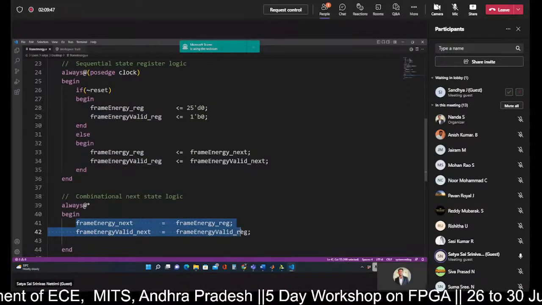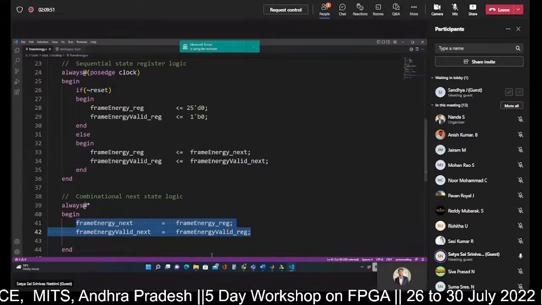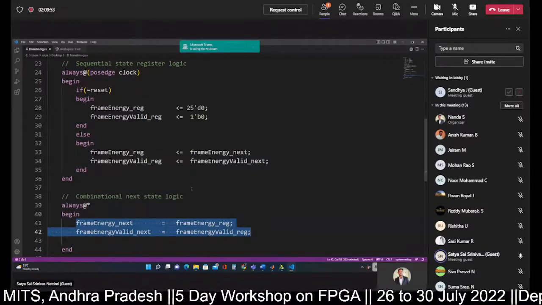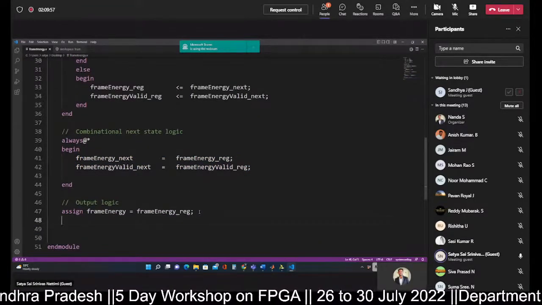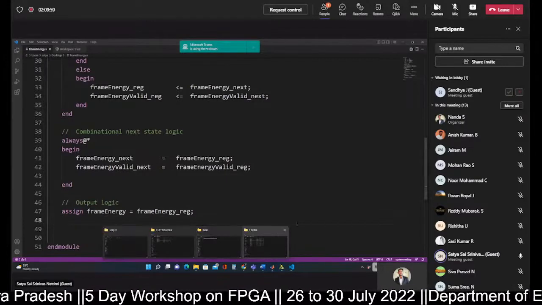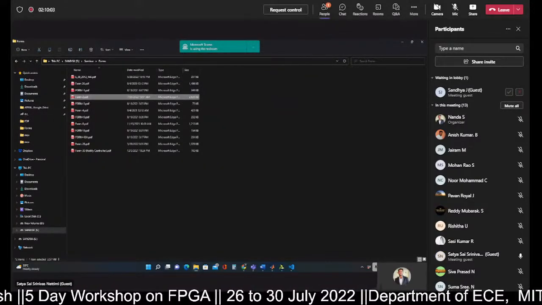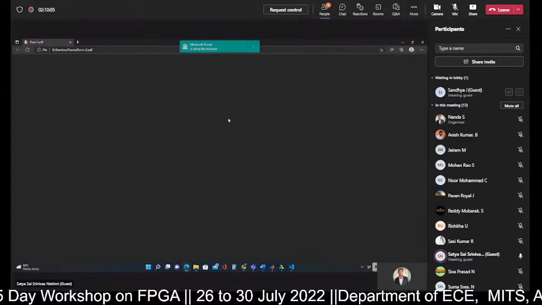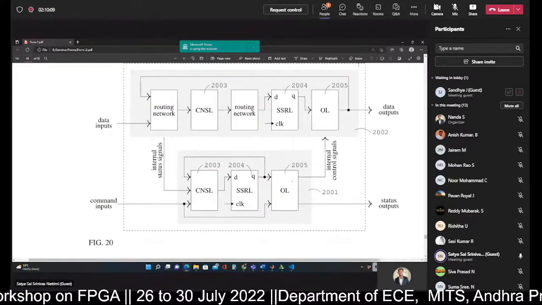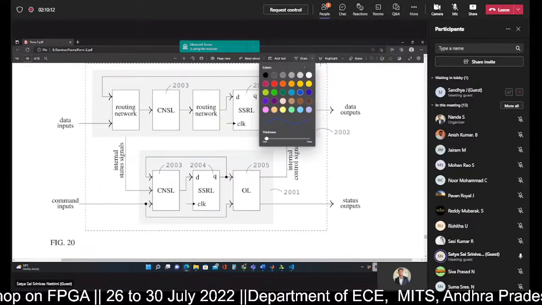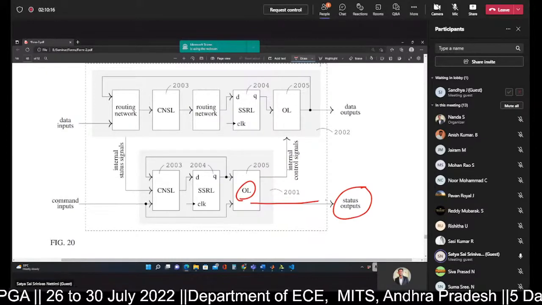This will be a little bit confusing, I can understand, but this will be clear when we write some certain conditions that I will let you know, but as of now, you just remember like this. Next, finally, what we have to do, we have to drive this output via the output logic, right?